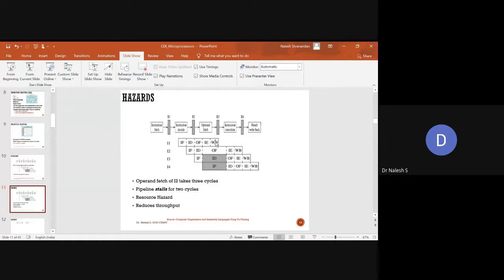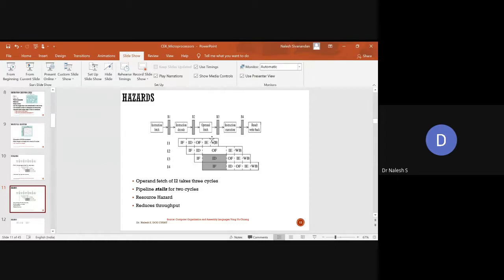So here, one write back, then after 3 cycles, another write back. So 1 plus 3, 4, 5, 6. So 6 cycles are needed to get the write backs. In the other case, we needed only 4 cycles. This is because some of these resources, for example here the operand fetch, are busy. Because it is busy, the subsequent instruction cannot proceed.